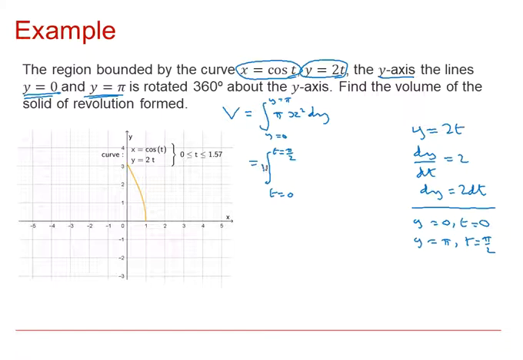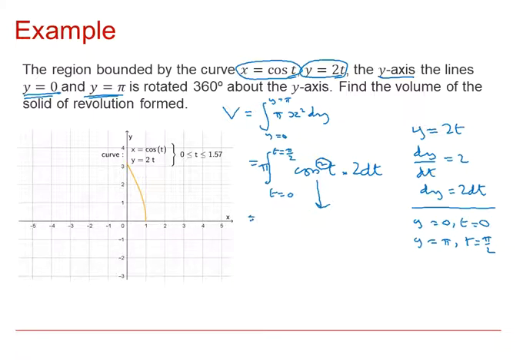I'm going to bring pi out of this integral, and we'll have x squared, which is cos squared t, times dy, which is 2 dt. We've seen the problem previously of integrating cos squared t and the fact that we need to use an appropriate trigonometric identity.